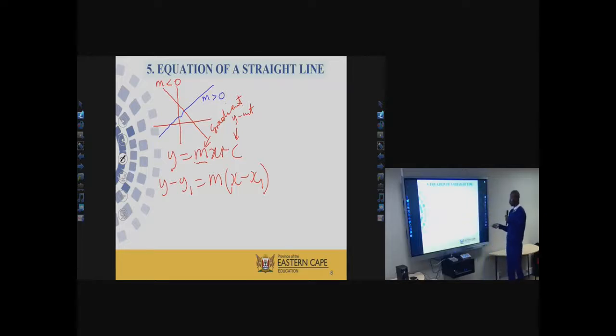But if you don't know that and you just know two points, then find the gradient first. After finding the gradient, use the second formula to calculate your equation of a straight line. They usually say leave it in the form y is equal to mx plus c. So it's very important to leave it in that format in order for you not to be penalized.